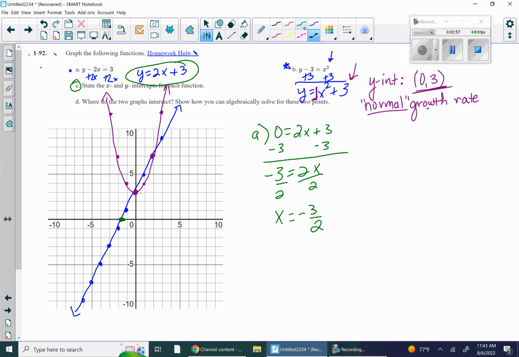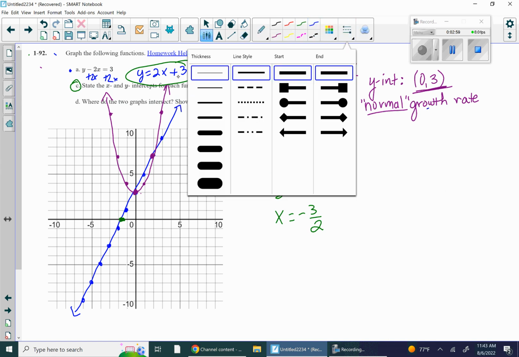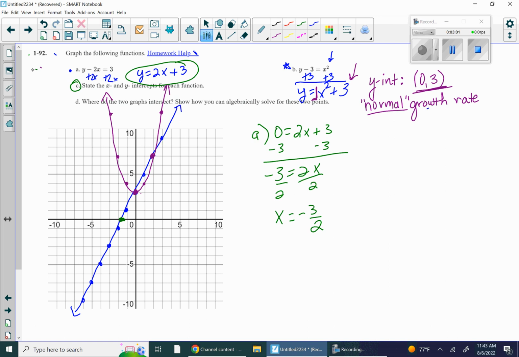Okay, so on the flip side, we want the intercepts of function b, the parabola here. Let's talk about the x-intercept first. Notice how it does not cross the x-axis at all, so there is no x-intercept for function b. Okay, now as far as the y-intercept, we can visually see that both of these functions cross at 0, 3.